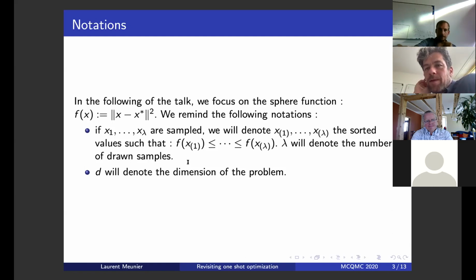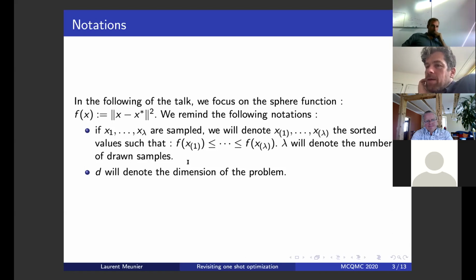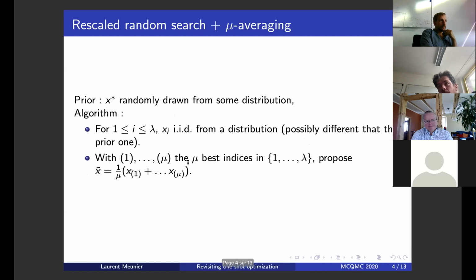So we will denote x(1) until x(lambda) the ordered values, which means that f(x(1)) is less than or equal to ... which is less than or equal to f(x(lambda)), where lambda denotes the sample size of the problem, and we will also denote d the dimension of the problem, which will be an important factor in our result.